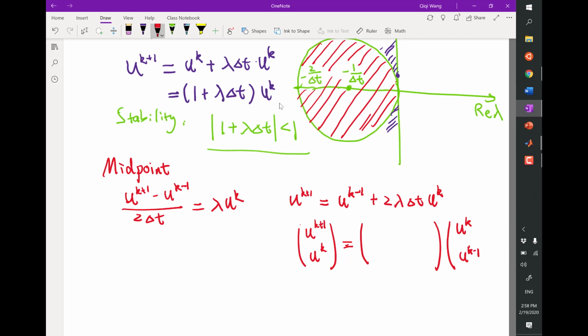Now it's a one-term recursion, right? And the matrix is going to be [2 lambda delta t, 1; 1, 0]. So now what is the criterion for this iteration to be stable in the long term?